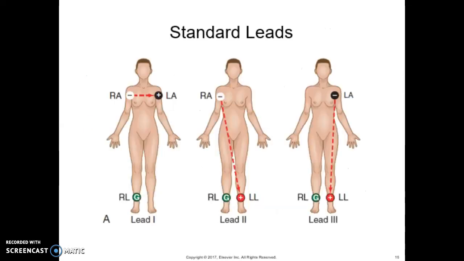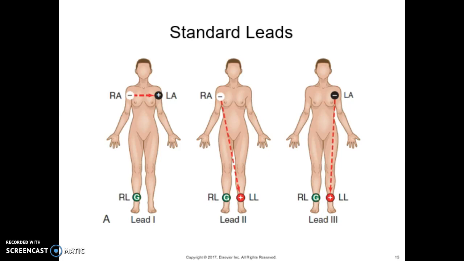Here we see standard leads, and you can look at the different placements it's showing: right arm, left arm, and the angles of how the impulse travels and why it's important to place the leads correctly. The first 3 leads recorded are called the standard or bipolar leads because they each use 2 limb electrodes to record the heart's electrical activity.